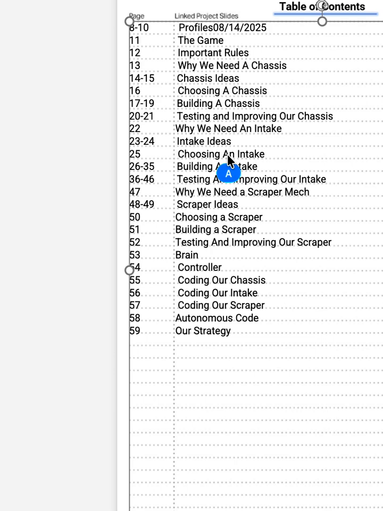And then the next tip is adding extra table of contents slides. At the beginning of the year, you don't know how many slides you're going to have for the table of contents. So I just added 1, 2, 3, 4, okay, I added 5 table of contents slides.